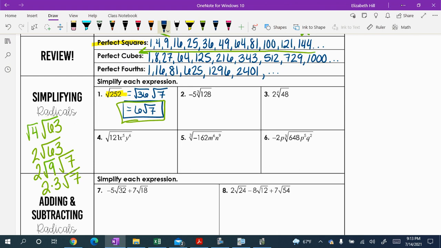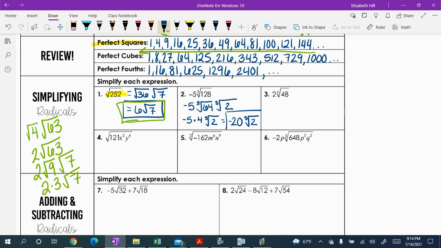So I've got -5 times the cubed root of 64, and 64 times 2 gives us 128. The cubed root of 64 gives me 4. So I have -5 times 4 times the cubed root of 2. Well, -5 times 4 gives us -20. So -20 times the cubed root of 2 is what we end up with.